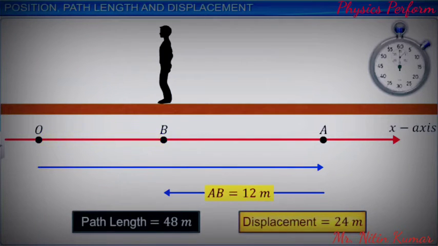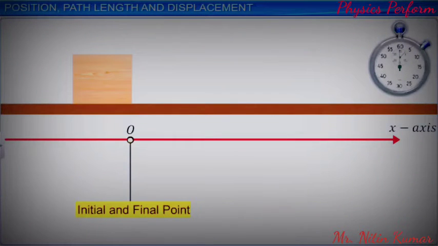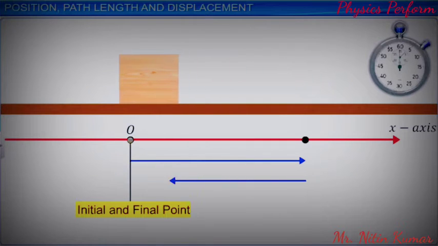There may be cases where the displacement of an object may be 0, even though it has moved, but its path length will not be 0.